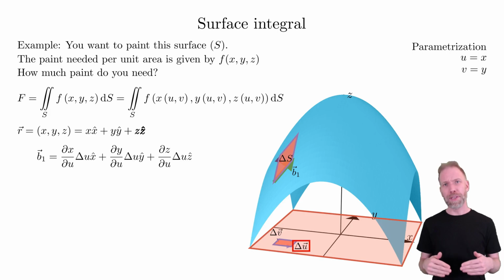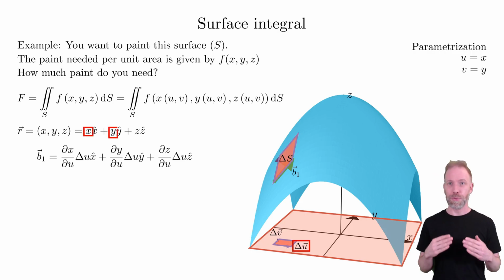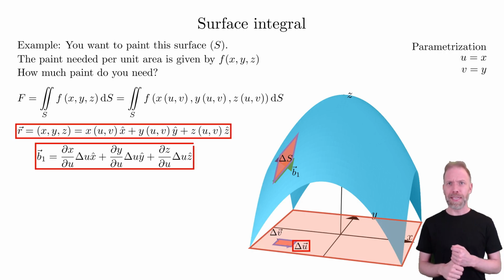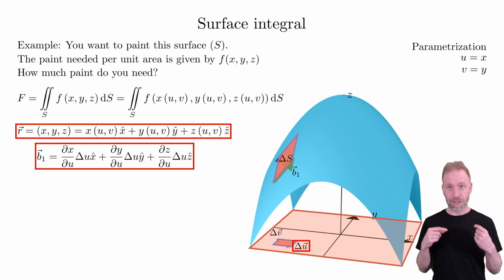Now, remember that the position vector r is x, y, and z. Here, x, y, and z are functions of u and v if we assume that r is on the surface. If we compare these, we can see that b1 actually is the partial derivative of the position vector with respect to u multiplied by delta u. Hence, instead of b1, we can write dr/du times delta u.